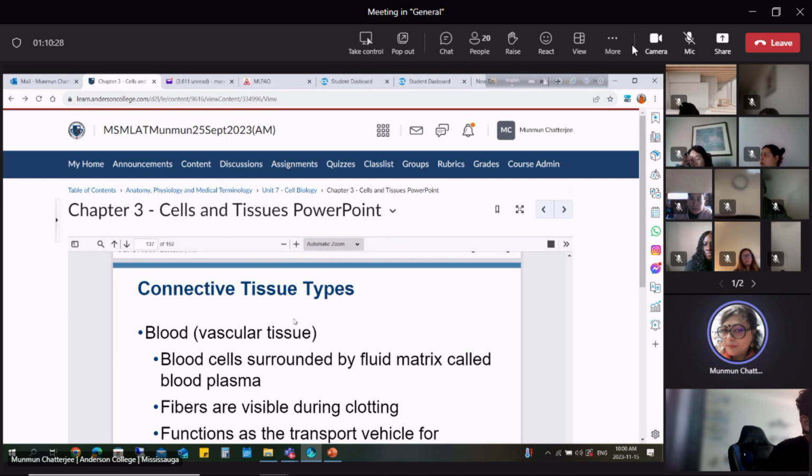tissue, connective tissue? Yes, blood is a vascular tissue because blood cells are surrounded by a fluid matrix, and this fluid matrix is called the plasma. So blood cells are floating in the plasma.